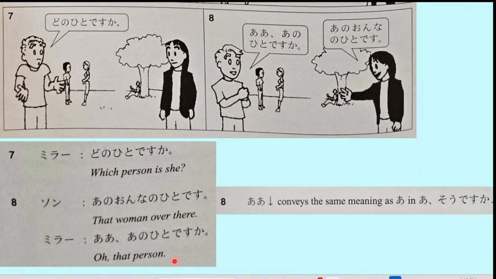And there is another usage here: the falling intonation, as I just said, conveys the same meaning as "so desu ka." So it conveys the same meaning, that oh, but the exclamation or the intonation differentiates a short "a" from a long "aa."